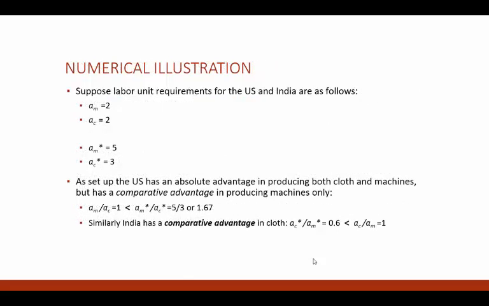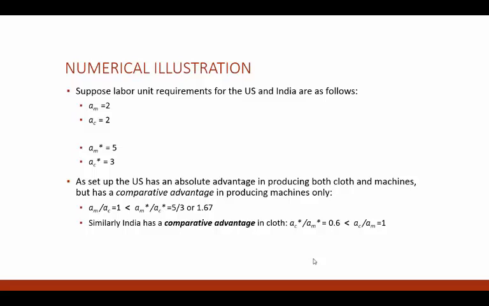Okay, let us now look at a numerical illustration of what must have been an exhausting theoretical exposition so far. Let's suppose labor unit requirements are given in the two countries by the following magnitudes. AM is equal to 2, AC is equal to 2, AM star is equal to 5, AC star is equal to 3.